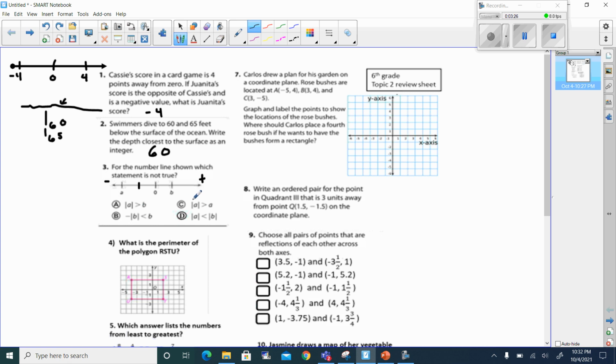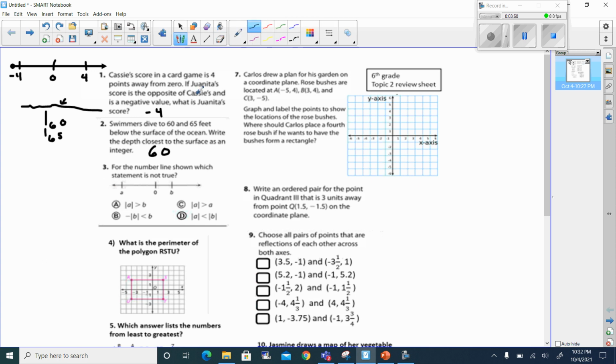All right, C said the absolute value of A is bigger than A. Let's check this one out. The absolute value of A is going to be a positive number, which means it's going to be over here. And that has to be bigger than A because A is way over here. It's not leaving us a lot of choices to go with here.